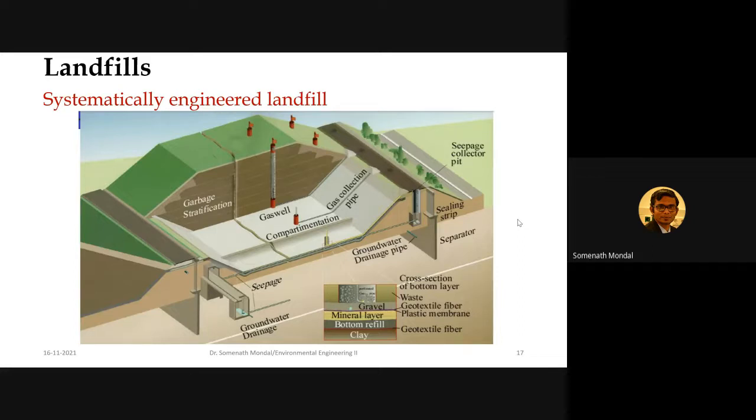Because if you see, we have the groundwater drainage, we have the groundwater table, and if something leaches out in the form of leachate, which is toxic and hazardous at the same time, it can contaminate the groundwater table or the entire aquifer for that matter. And you know very well that once an aquifer is contaminated, it is quite impossible to decontaminate that aquifer.